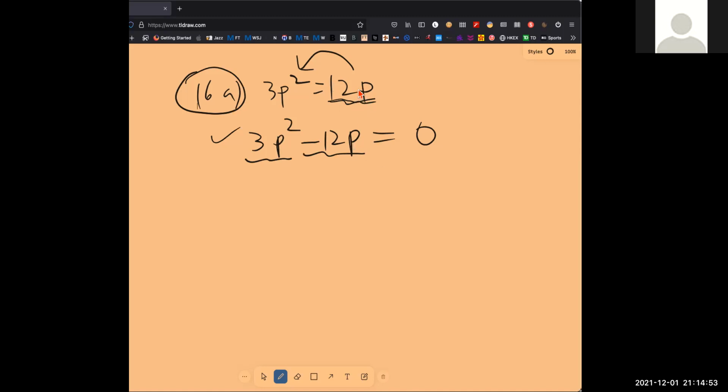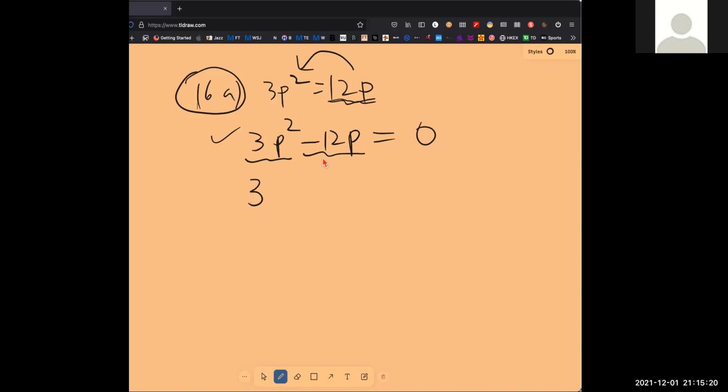I have moved 12p from the right hand side to the left hand side, that's why I have to write negative 12p. So what is the common factor between these two? 3p squared and minus 12p, what is common? They both have 3, they both have a p. Anything else?